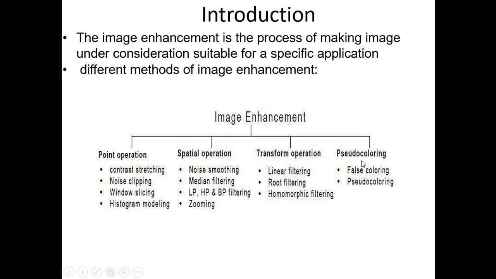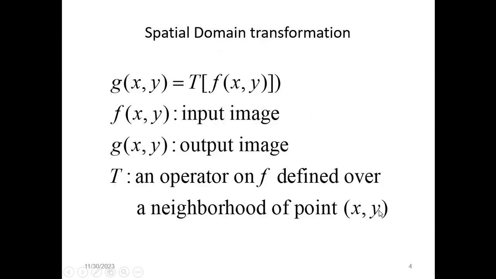And then another classification of image enhancement method as far as color images is concerned is pseudo coloring. False coloring and pseudo coloring are the methods used for image enhancement.